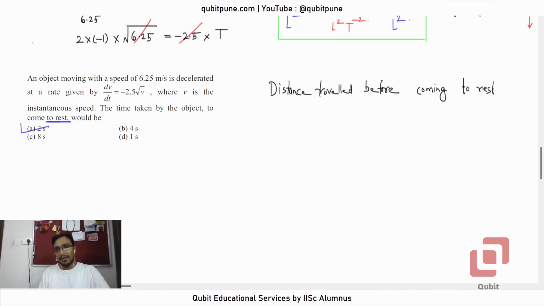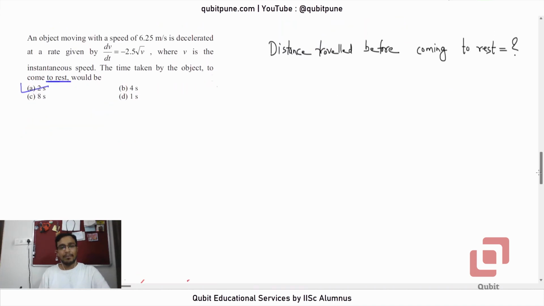Can you find it, or can you tell me how to find it? I will do the mathematics for you. Of course equations of kinematics, but any suggestion for that? Suppose the particle starts at x equal to 0, with v equal to 6.25 at t equal to 0.